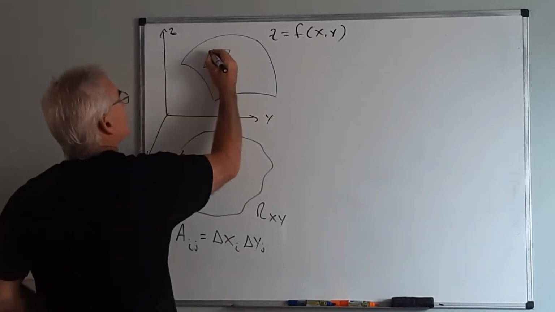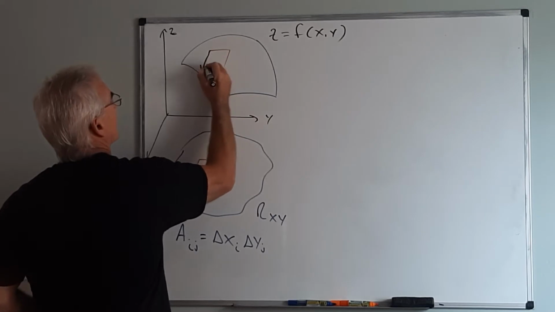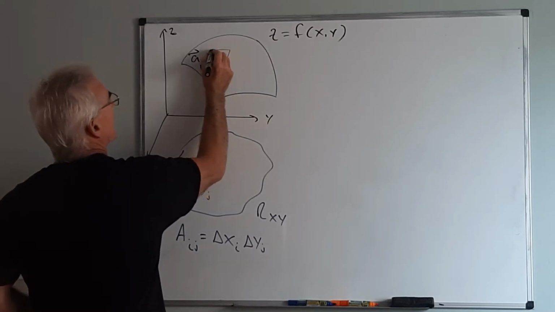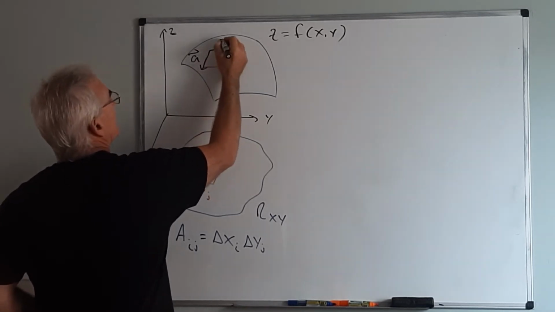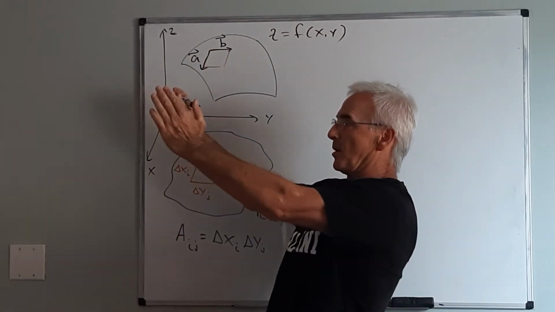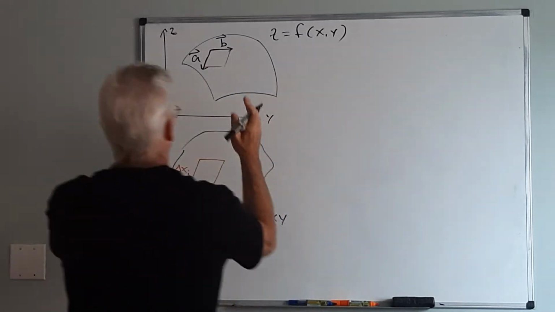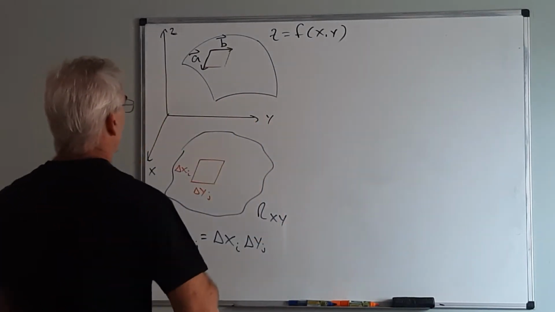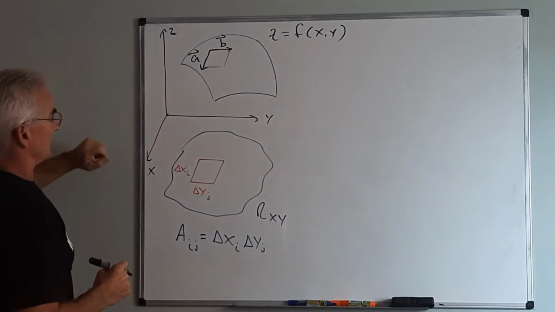If I think of this piece right there as vector A, and that piece right there as vector B, then vector A lives on the xz plane, vector B lives on the yz plane. So all I really need to do is look at the slope.